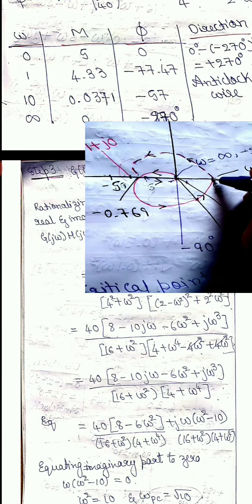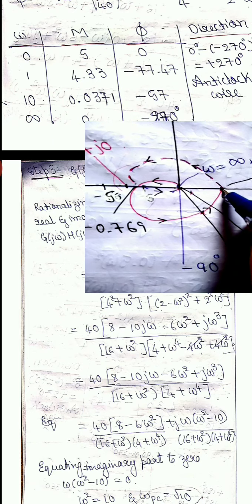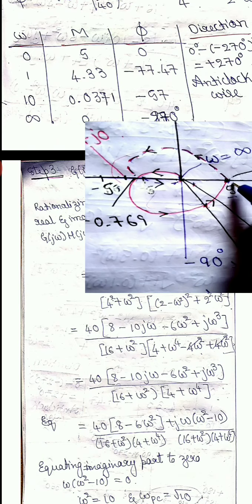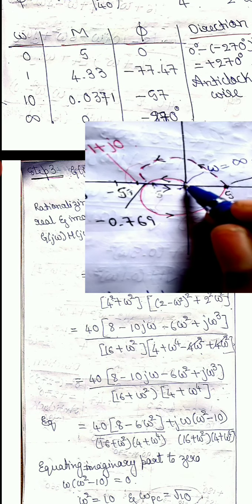Here, at omega is equal to 0, it will start from here and it will end at this point. Join these points from here to here.